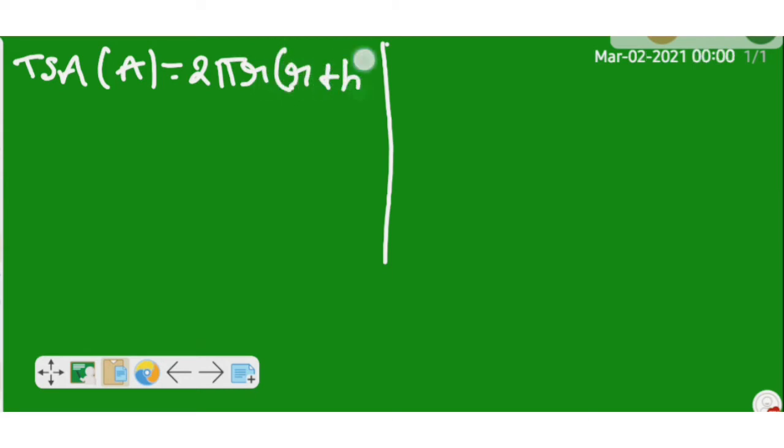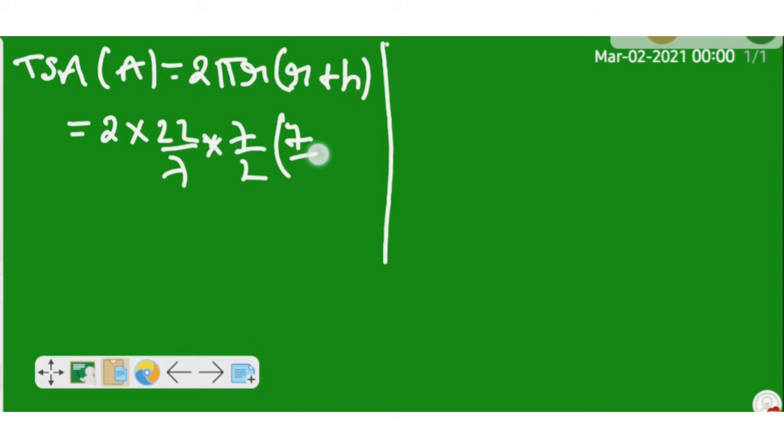Let us now find the total surface area of cylinder A. Total surface area of cylinder A is equal to 2 pi r into r plus h. If you substitute the values, 2 into pi value is 22 by 7, and radius of cylinder A is 7 by 2, and 7 by 2 plus height is 14, right? Now if we do the cancellation here, 7 7 gets cancelled, 2 gets cancelled, so we are left with 22 into this 7 by 2.